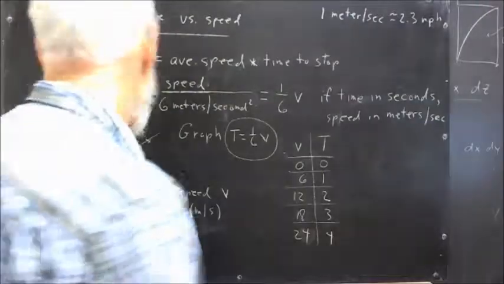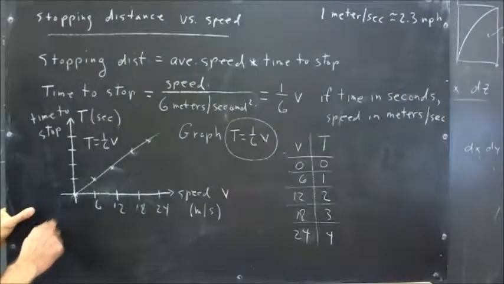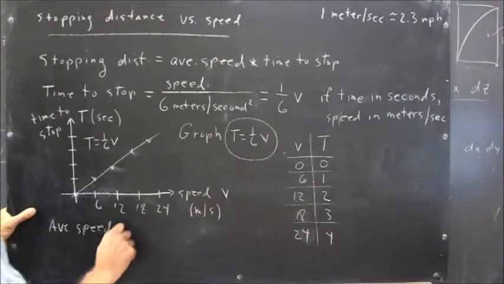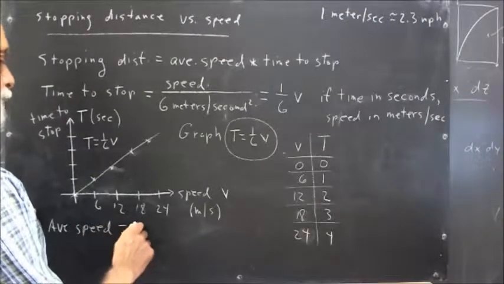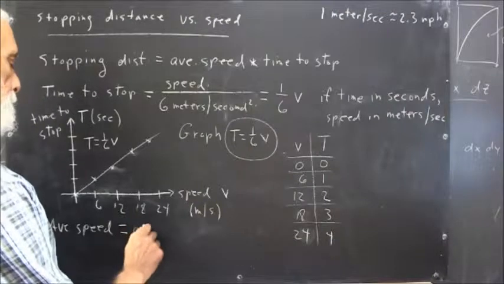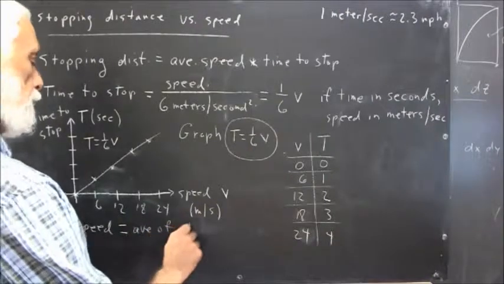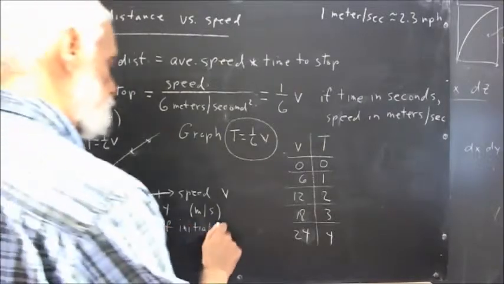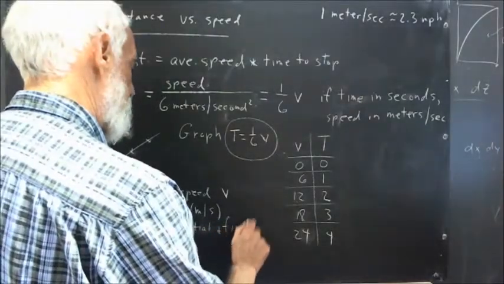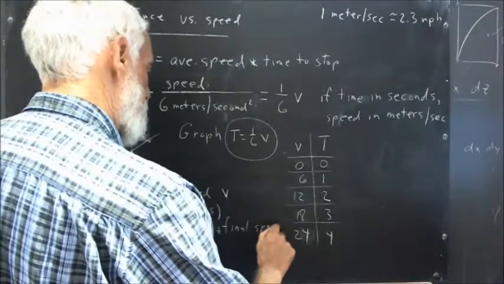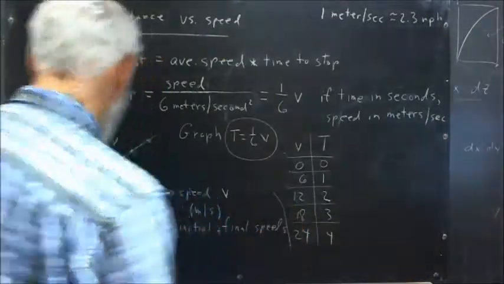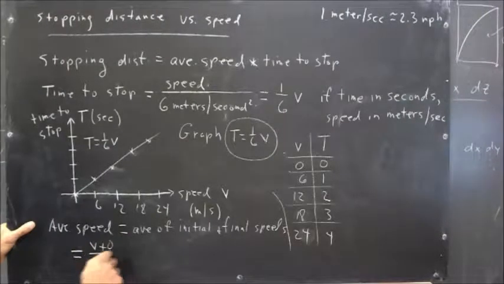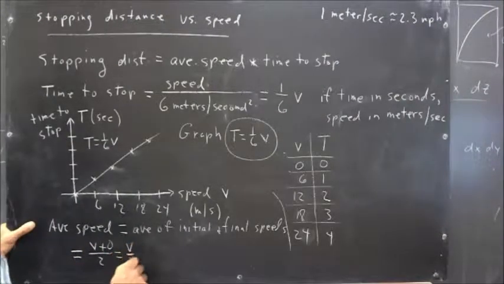The average speed equals the average of the initial and final speeds, so that would be v plus 0 over 2, which is v over 2.